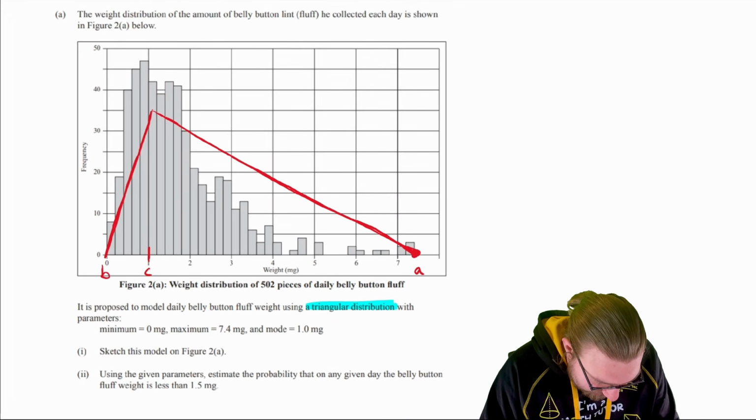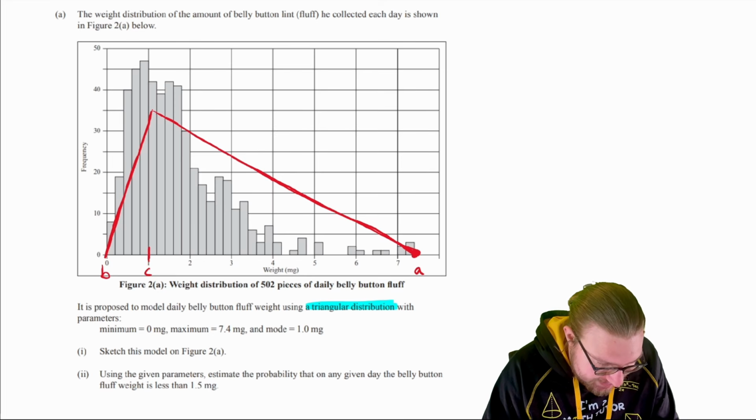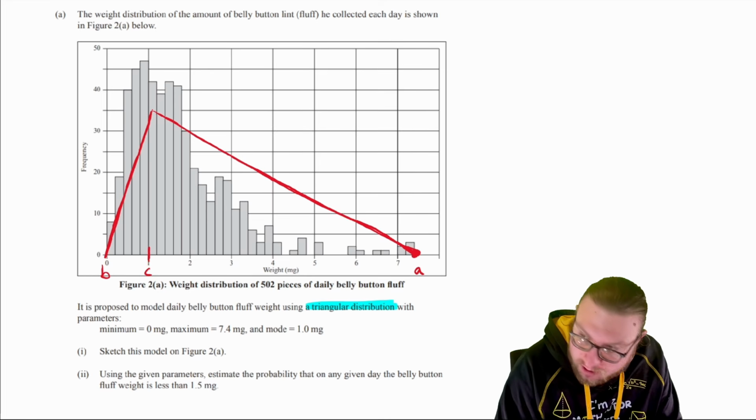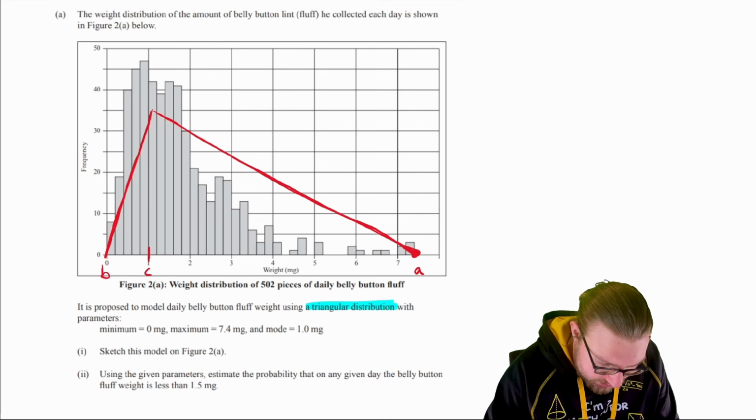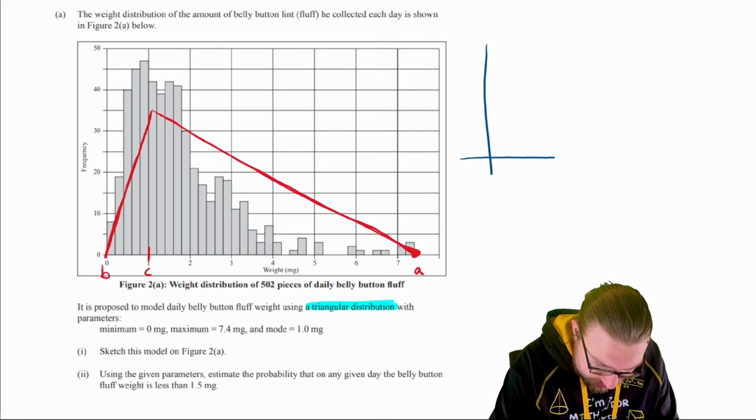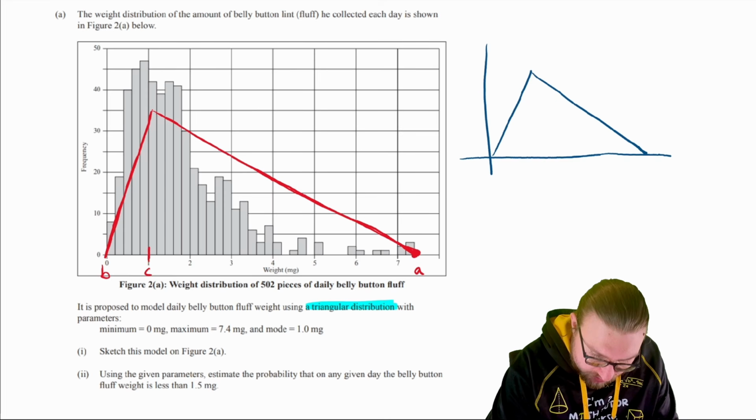Using the given parameters, estimate the probability that on any given day the belly button fluff is less than 1.5. Okay, so remember when you have your probability distribution function for your triangular distribution, what we really want to know is where are the numbers, because this has all to do with where the numbers are.